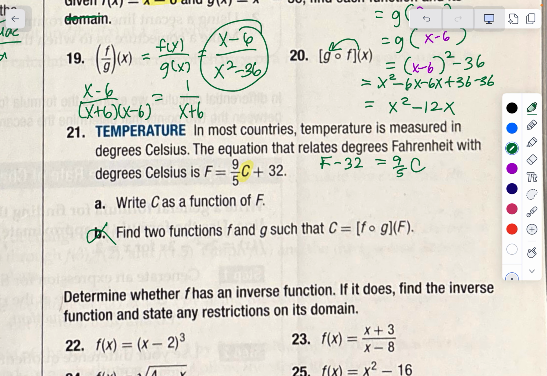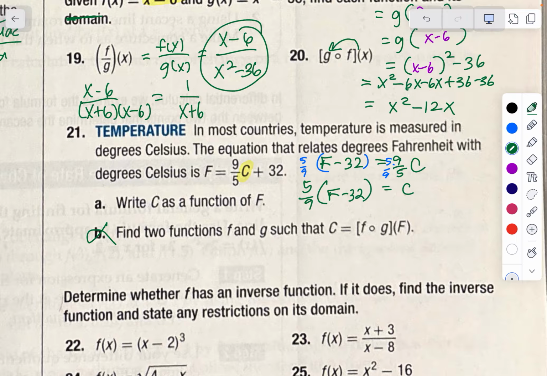So that's always your first step. And then to get rid of 9/5, make it 5/9. So put it in front of the other side, because technically what you're doing is multiplying both sides times that reciprocal. And so our final answer is that C is equal to 5/9 of F minus 32.